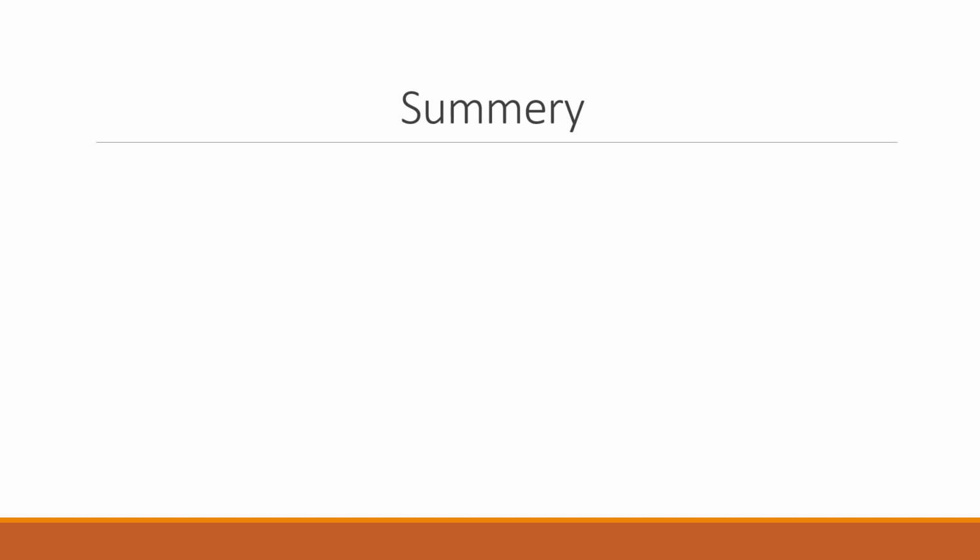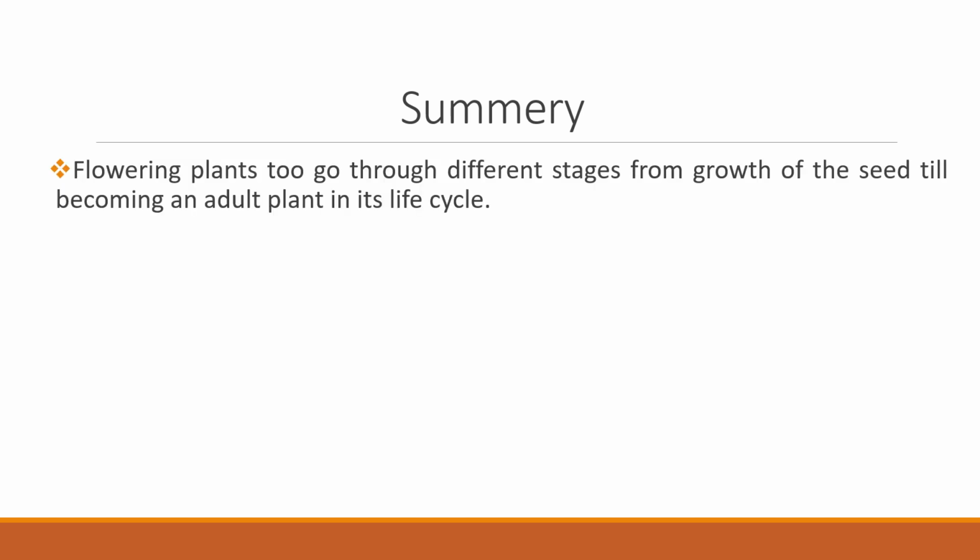So now we have come to the end of our lesson, and let's try to summarize what we have learned today. So at the beginning I discussed with you a few examples of life cycles showing complete metamorphosis and incomplete metamorphosis, and also I discussed with you that not only animals but plants also have a life cycle, because they also show different stages in their growth cycle.